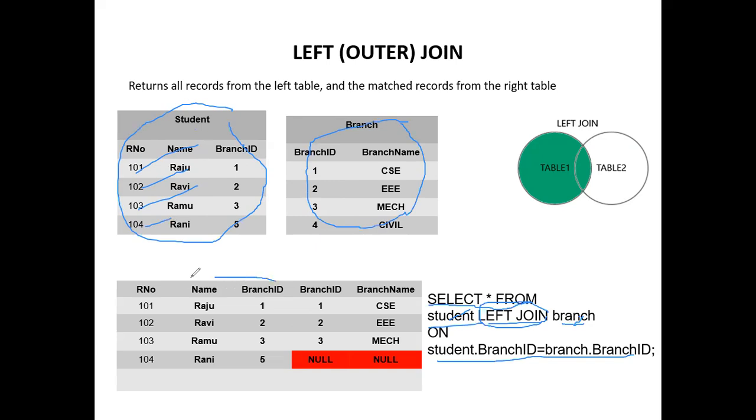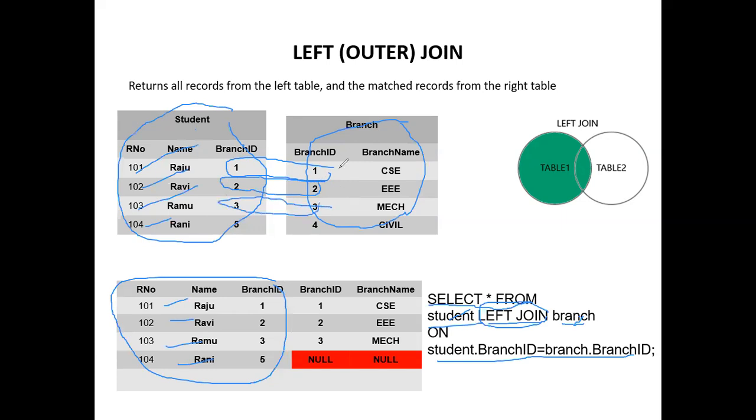If you observe the output table, all the records in the left table are considered here: 101, 102, 103, 104. But in the right table, only the matching records are considered. In the student and branch tables, matching records exist for branch ID 1, branch ID 2, and branch ID 3.